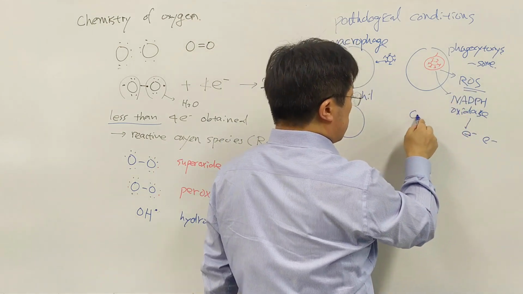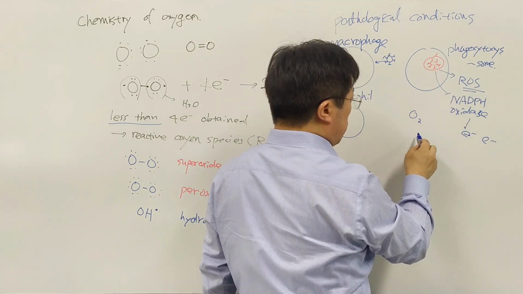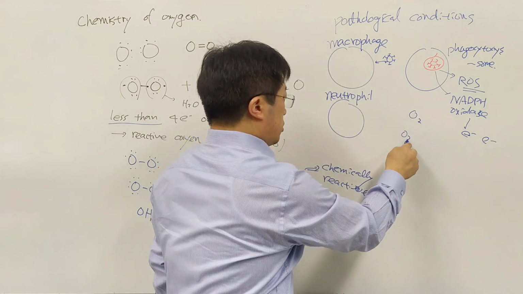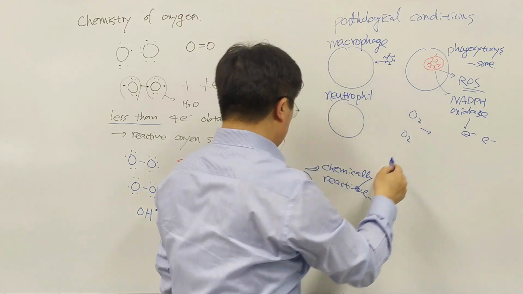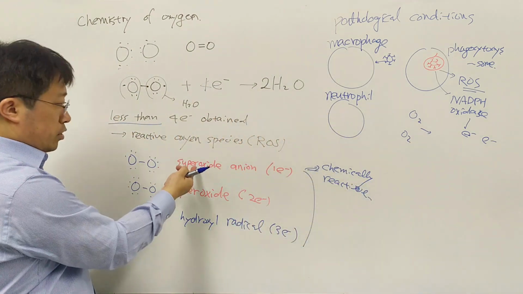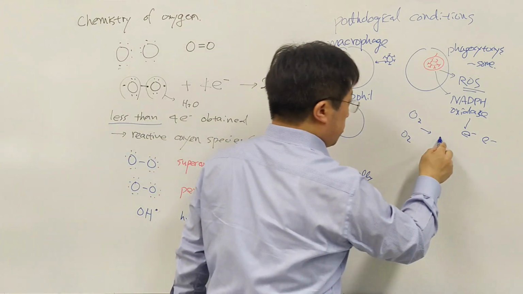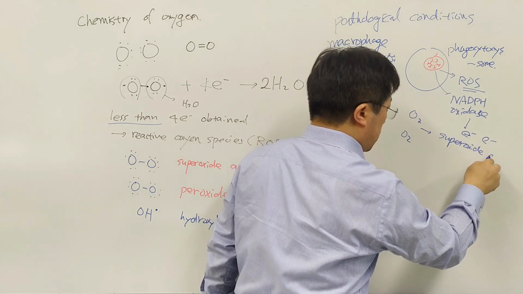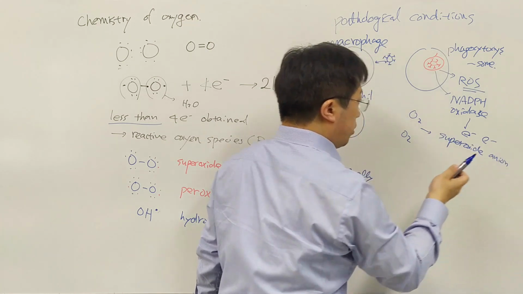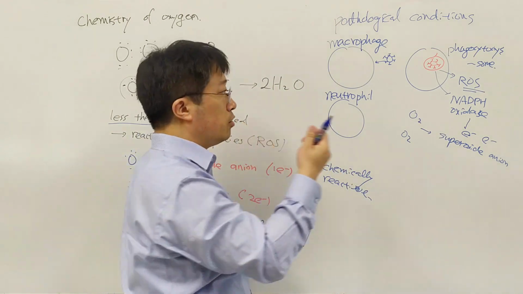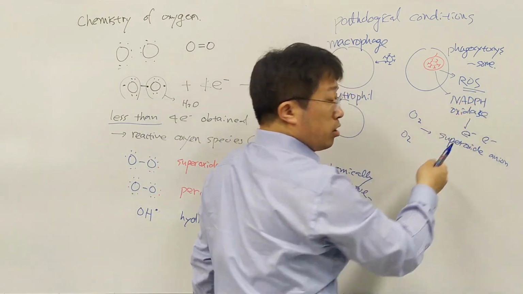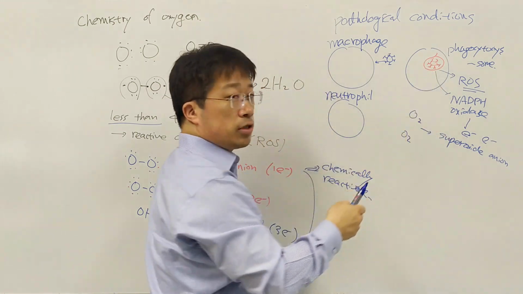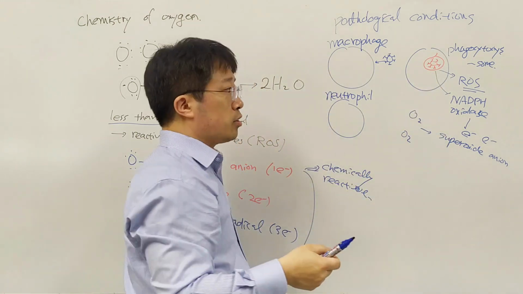Then you have oxygen, for example, and it provides electrons to the existing oxygen molecules to become, in this case, superoxide anion, by the action of the NADPH oxidase, which exists in the phagocytosis, the phagosome process.